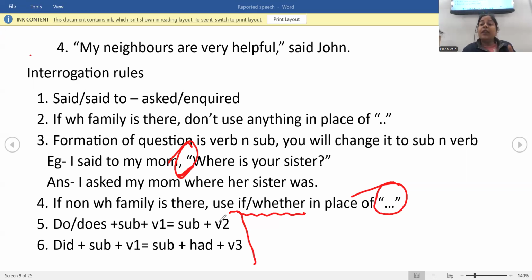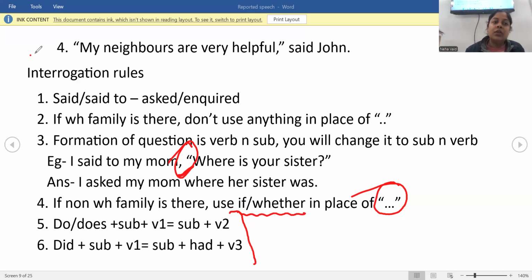But whenever we are having do/does plus V1, or you can say do/does in interrogation form, always remember to skip or remove do/does, and instead of V1 you are going to use V2. So the format will remain the same. Here you need not do the interchange part. You just have to remove do/does, and in place of V1 you will change to V2.